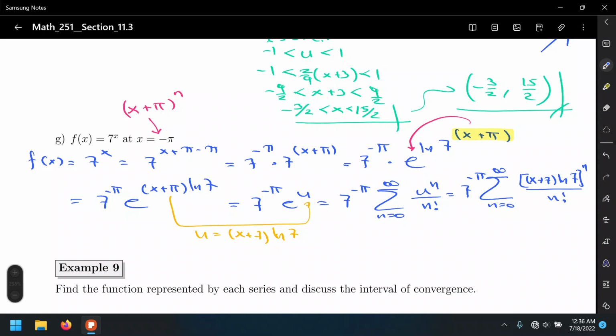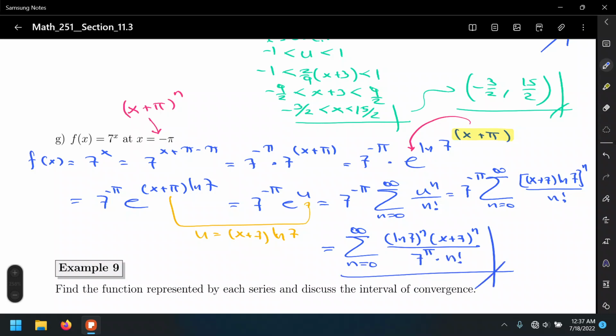And finally, let's write this in terms of, number one, I would like to write this 7 to the negative pi in the denominator with a positive exponent. So that's sigma n equals 0 to infinity, ln of 7 to the n, and x plus pi to the n, over 7 to the pi times n factorial. Final answer.